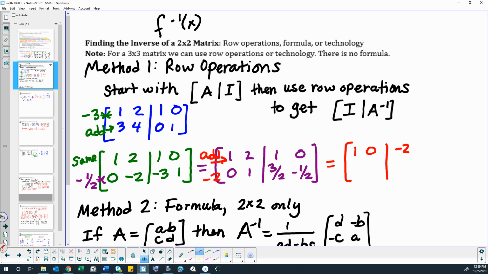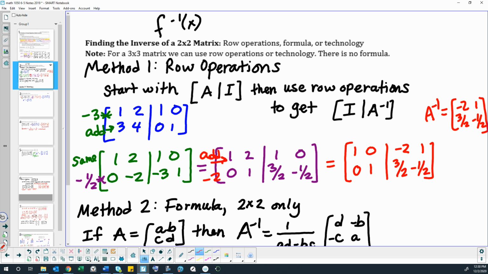And then -2 times -1/2 is a +1. And +1 plus 0 is 1. So now I have my identity matrix in here. And that means that A inverse is -2, 1, 3/2, -1.